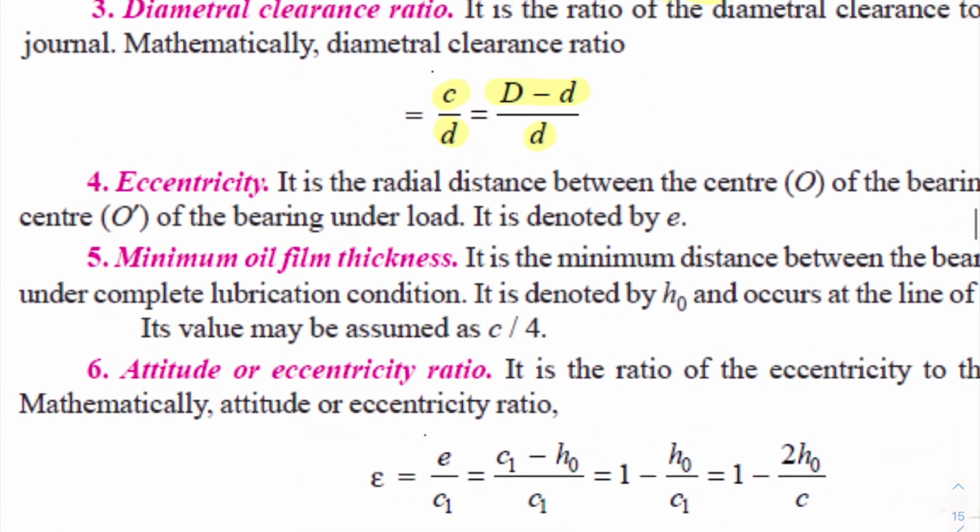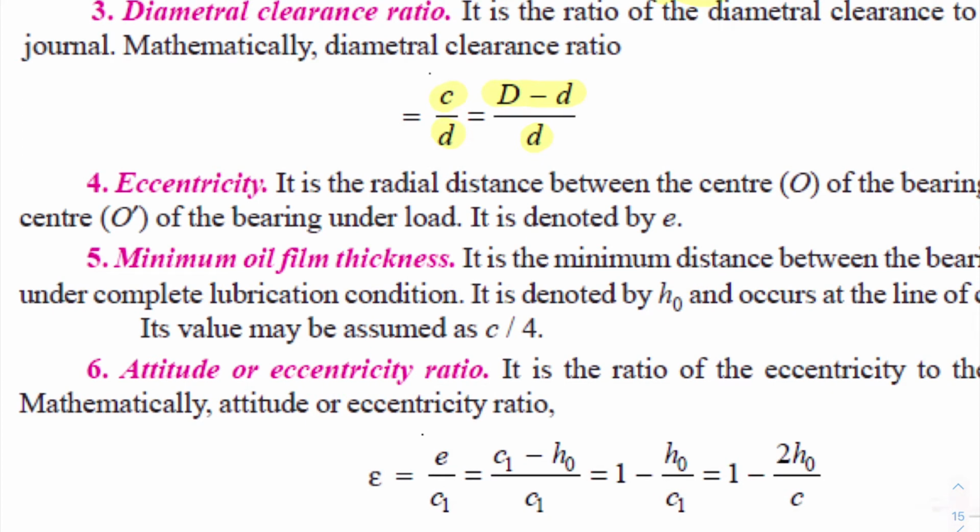So the sixth one is attitude or eccentricity ratio. This is another kind of ratio apart from the clearance ratio. Here you can see it is simply eccentricity divided by the radial clearance. So it can also be written as eccentricity, we know that it is C1 minus H0, so you can also write it like this.